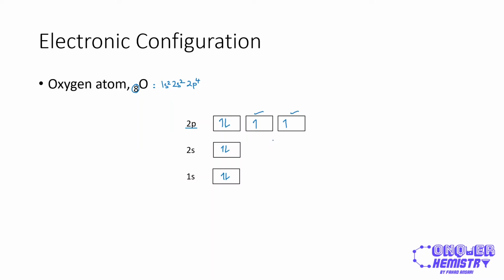So electrons have been assigned to orbitals or boxes within the subshells within the principal quantum shells.